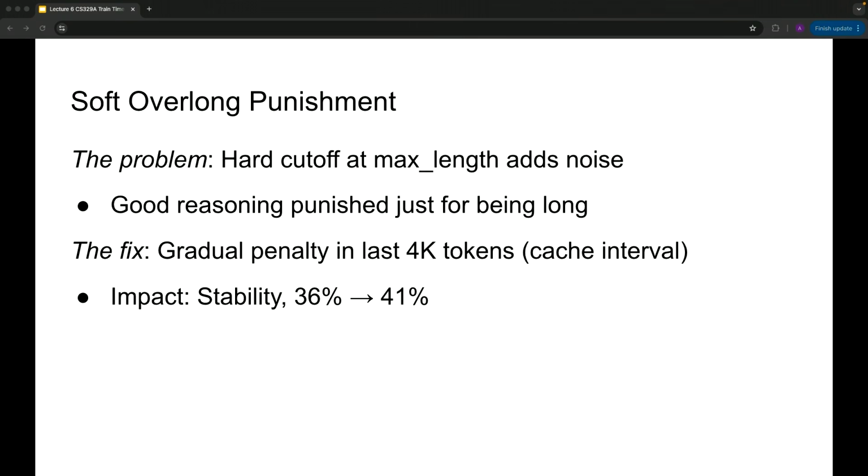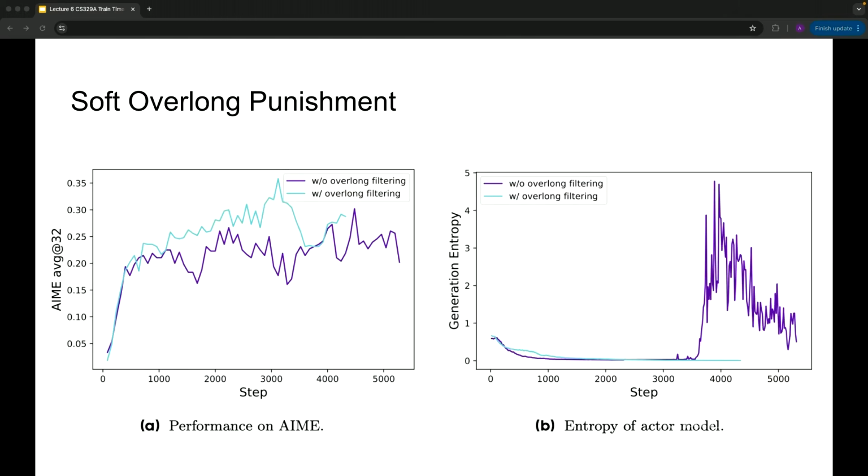So they put in a gradual penalty on the tokens to deal with that, and that allowed the training to become stable instead of adding noise. So effectively, the generation entropy became stable, whereas otherwise, as the model progresses, it starts to generate longer and longer reasoning chains, and those can get truncated and that can cause problems.